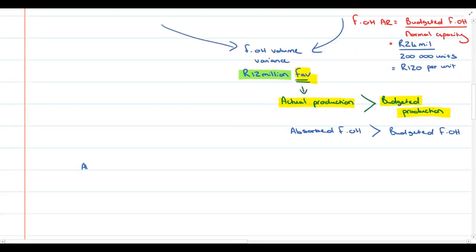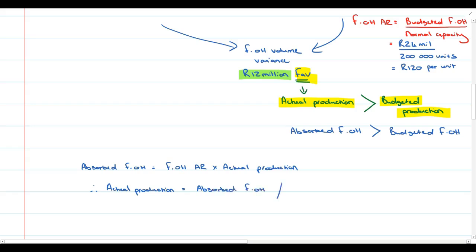Remember, we calculate the absorbed fixed overhead by taking the fixed overhead allocation rate and multiplying by actual production. So if we want to make actual production the subject of the formula, so that we can solve for actual production, we are going to take the absorbed fixed overhead and divide by the fixed overhead allocation rate.